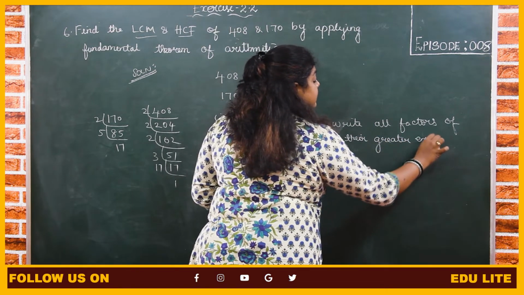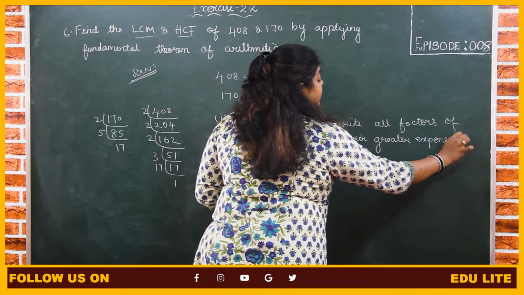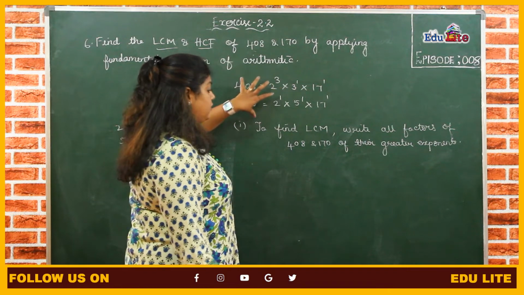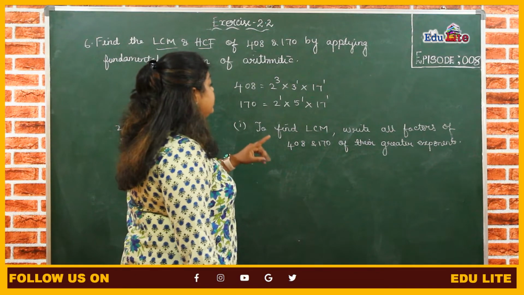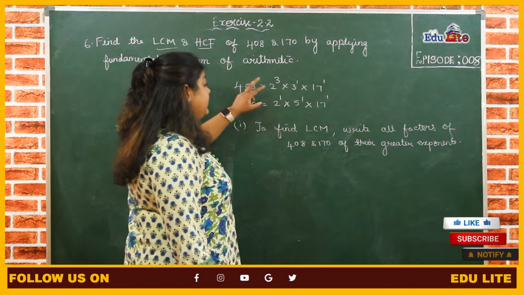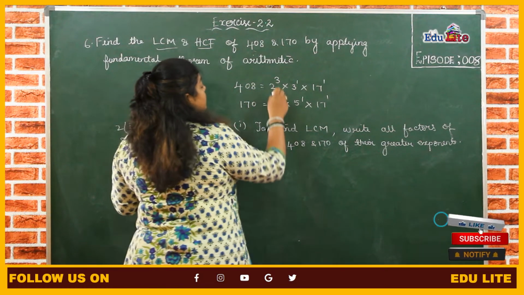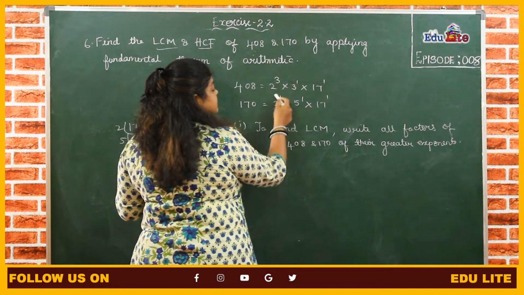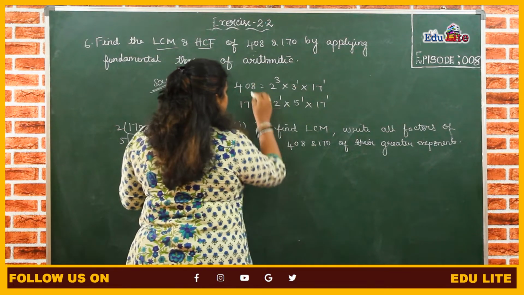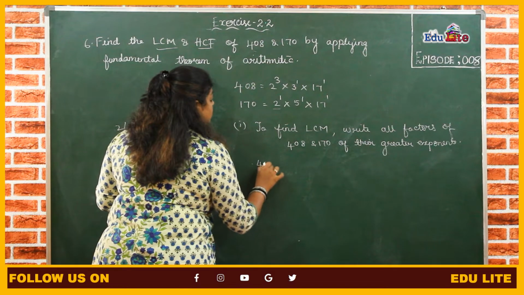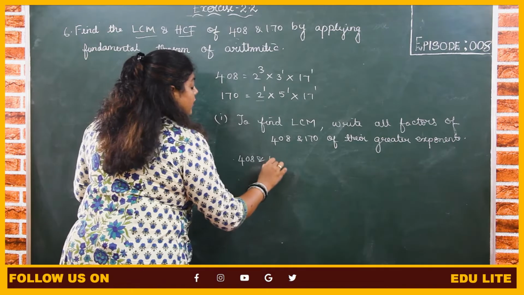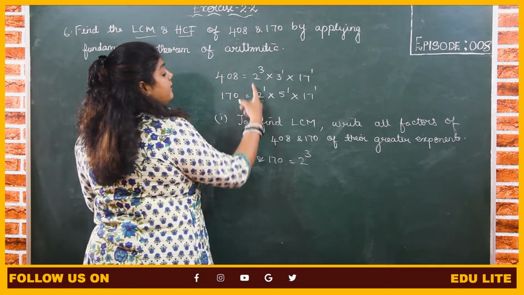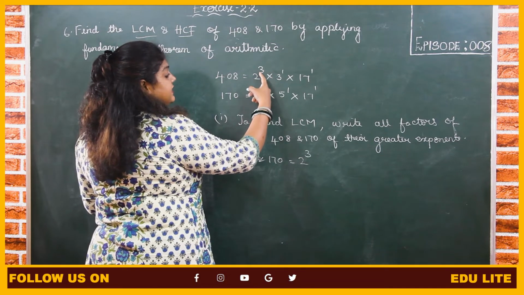What it means is, to find an LCM, we have to write all the factors of both the numbers, but we have to consider the greater exponents. For example, both have the factor 2, but when comparing, this has the highest power. So when finding the LCM of 408 and 170, first we consider 2 cube, because among these two, this is the greatest exponent.